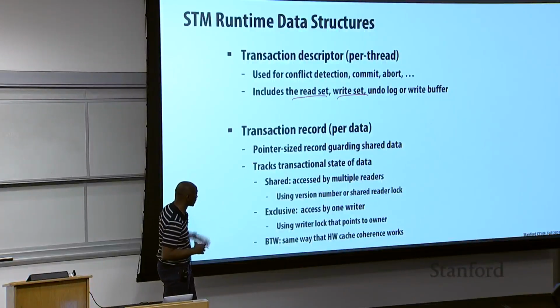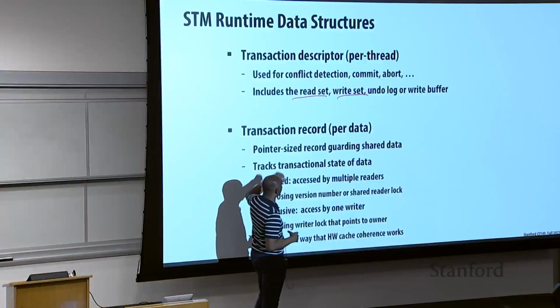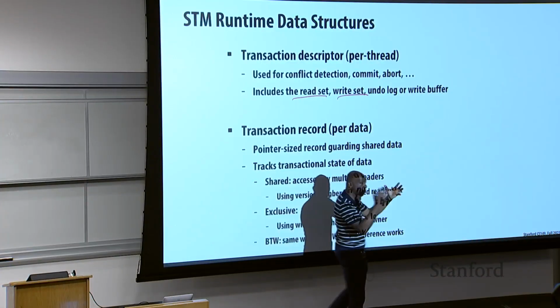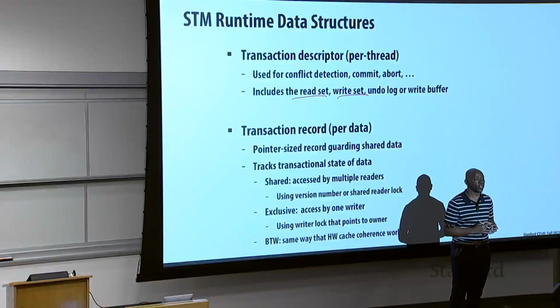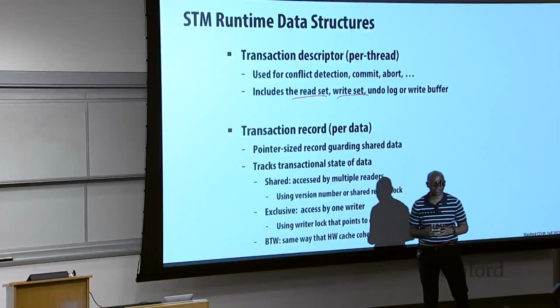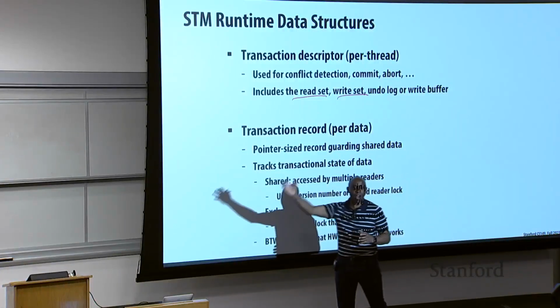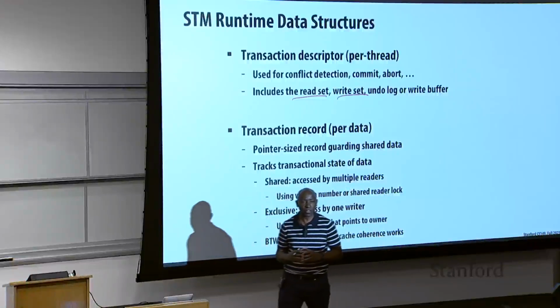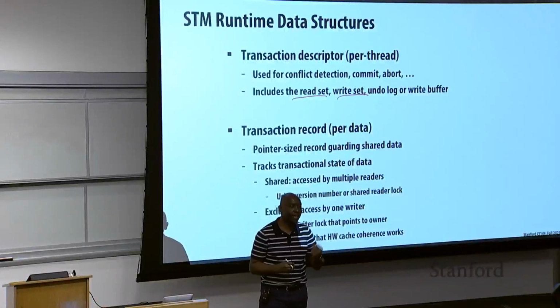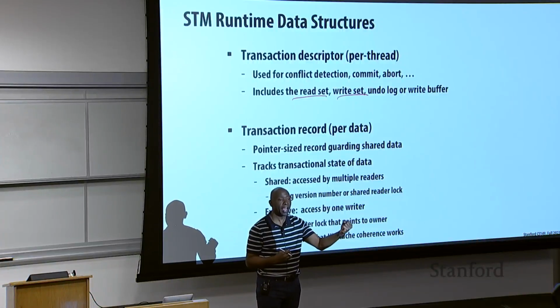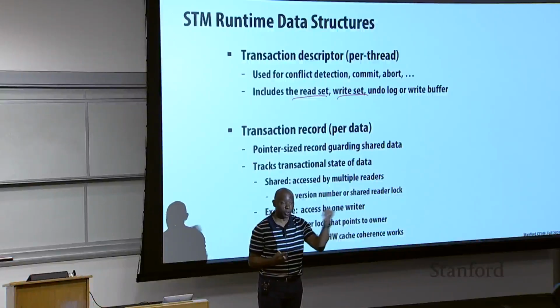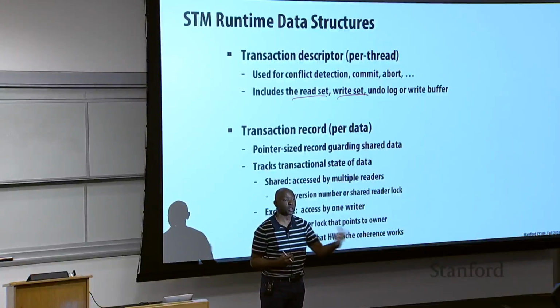And so with the transaction record, you're going to keep the metadata that tells you how the data is being accessed. If you make an analogy to our discussion of cache coherence, where we said that you needed the cache state to tell you whether the data was shared by multiple CPUs, or in this case, multiple transactions, or whether it was exclusive to one transaction.